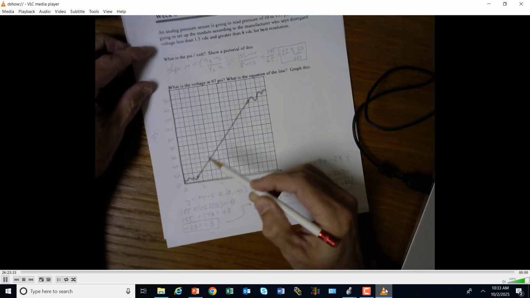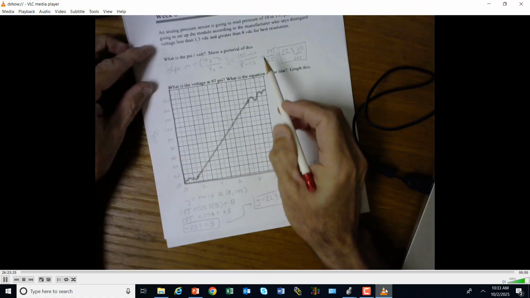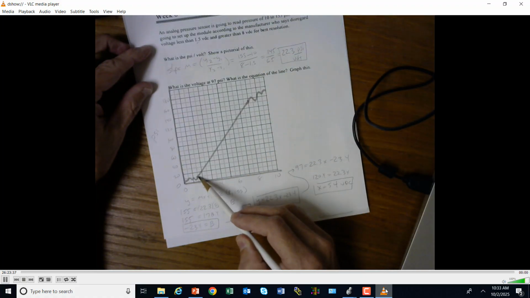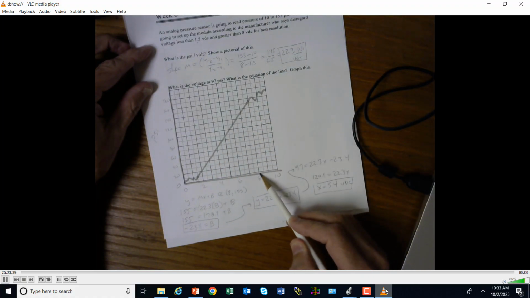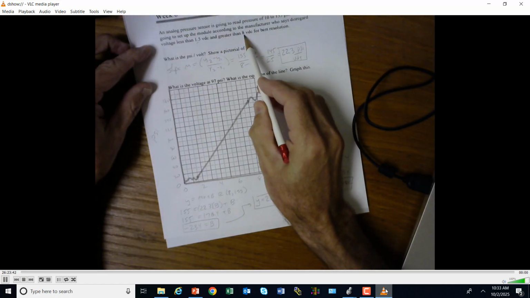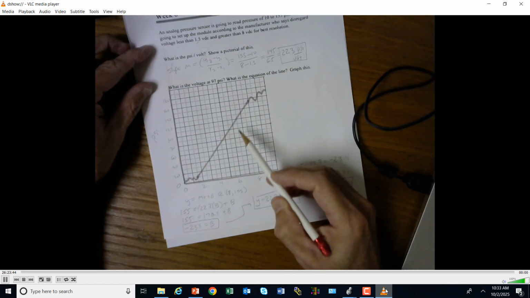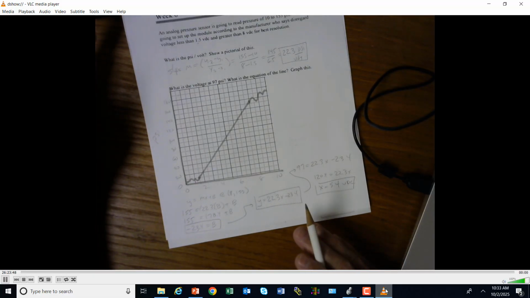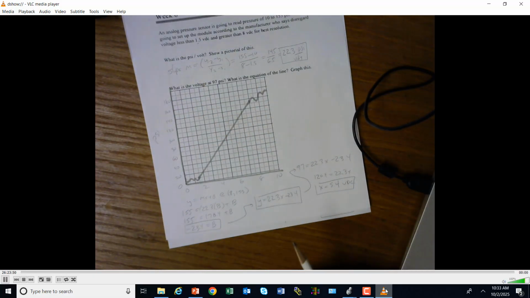So notice from 1.5 and 10, that's the first point, all the way up to 8 volts and 155, I threw in my nice, happy, linear, straight line, saying that's going to behave like a line, y equals mx plus b.